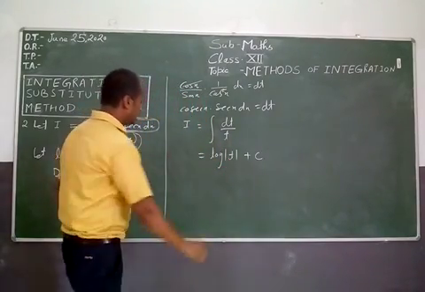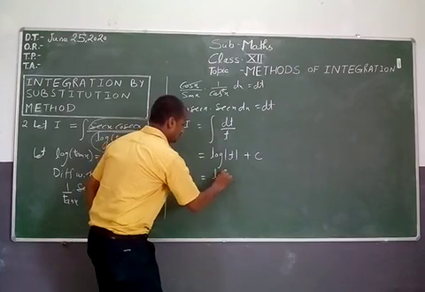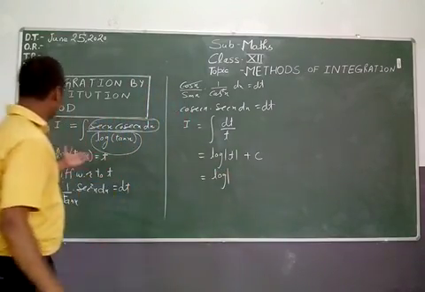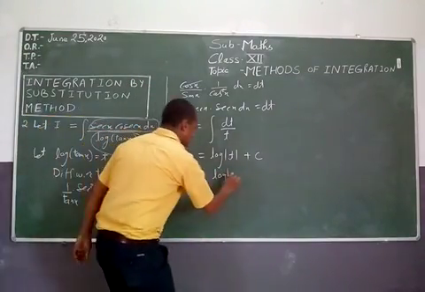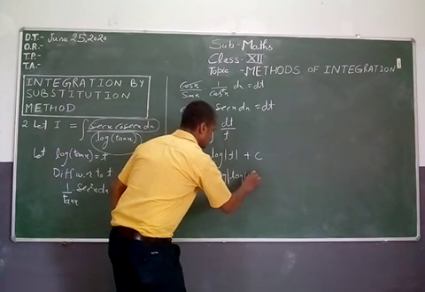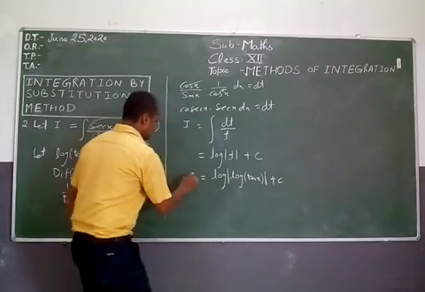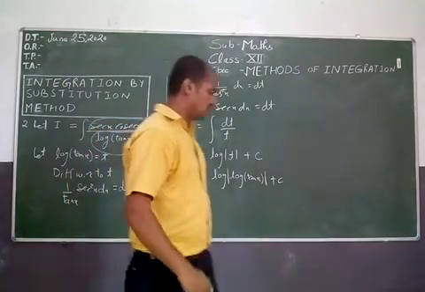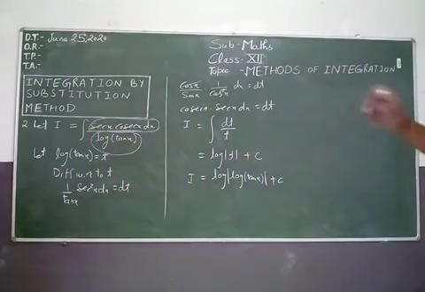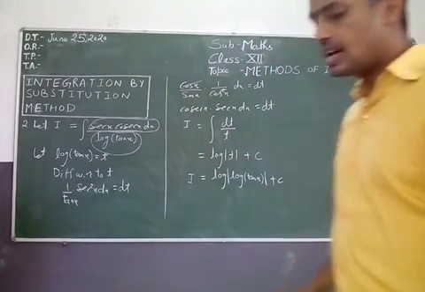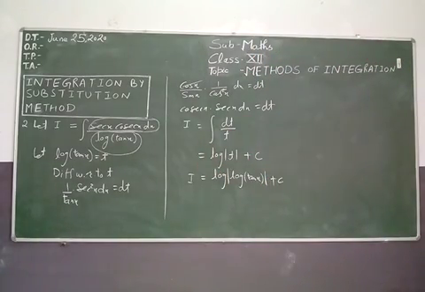Value of t we can substitute here. Value of t we have log tan x. This is the integral of the function sec x into cosec x upon log tan x.